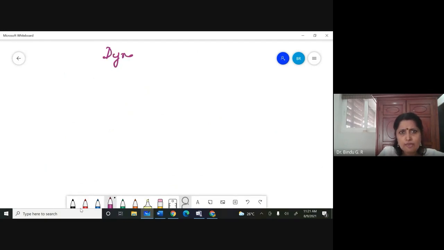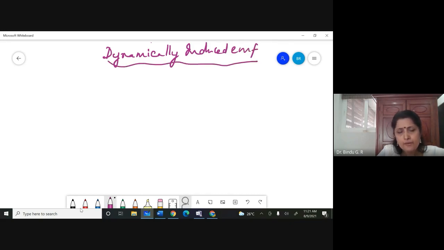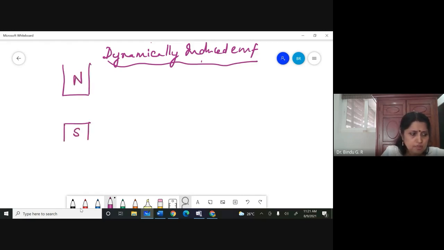I'm not going very deep into the derivation of dynamically induced EMF. Which means you have a north pole, you have a south pole, and naturally there will be flux lines like this, or field lines.